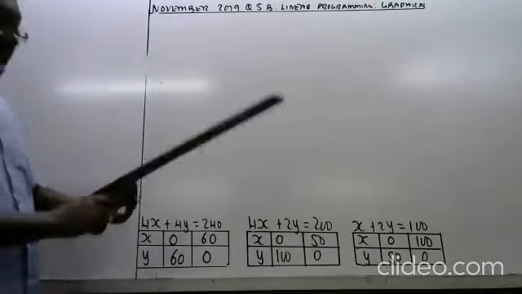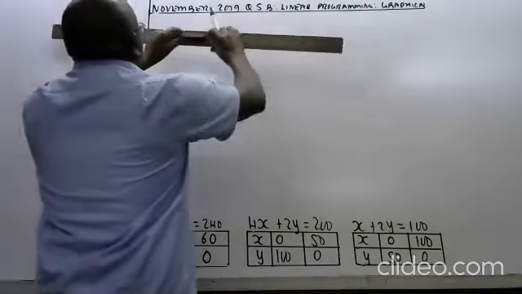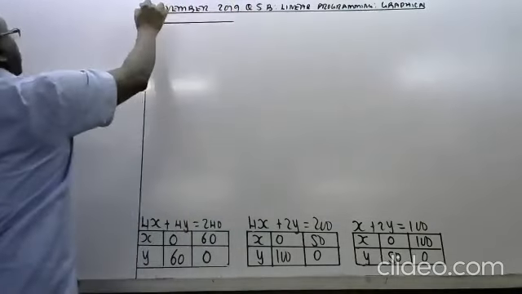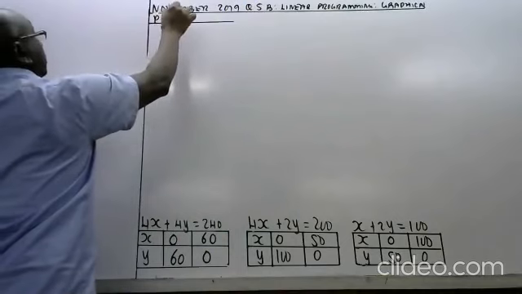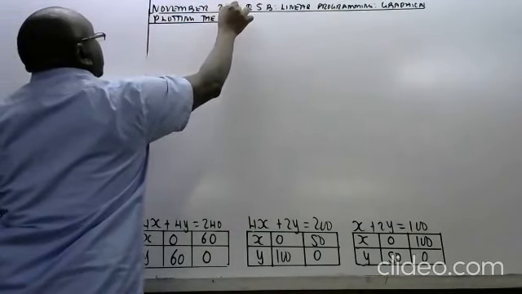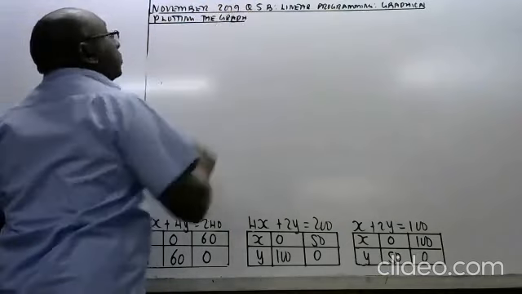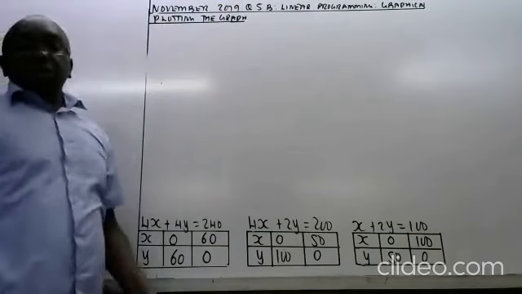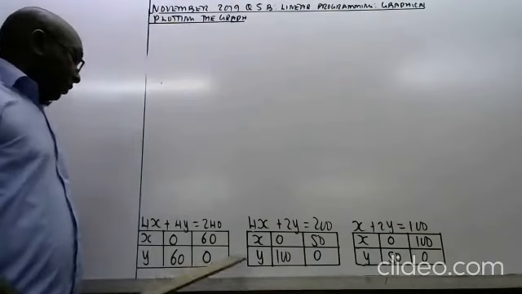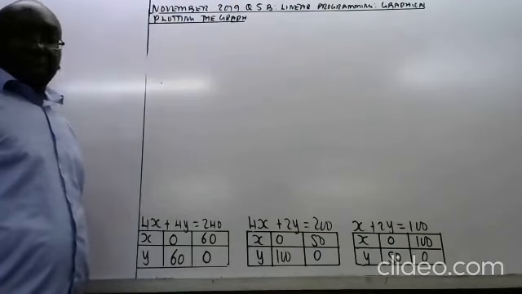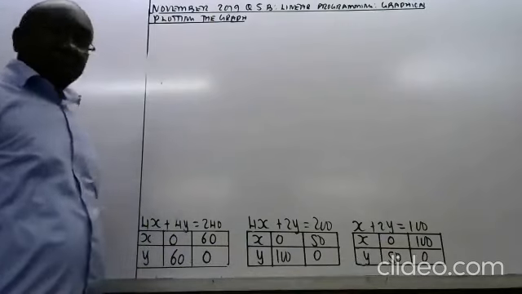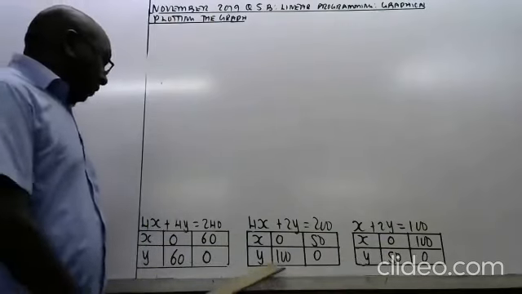So the next step now is plotting the graph. And I told you what to do is to first of all check the scale by identifying the highest values. And you can see along x-axis, the highest is 100, and along y-axis, the highest is 100.